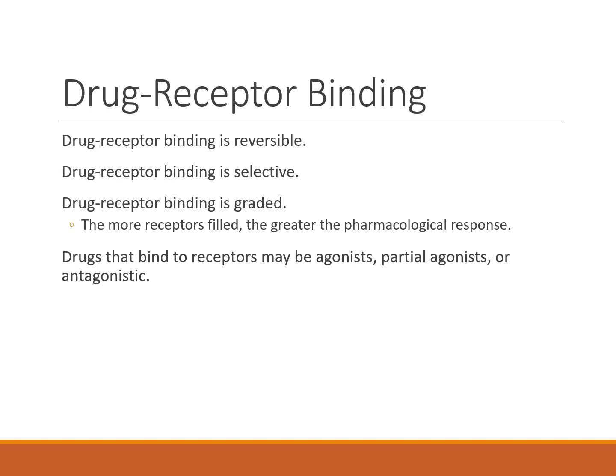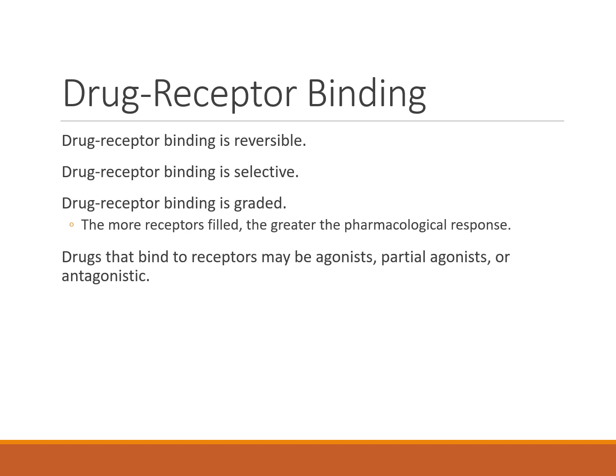Drug receptor binding is reversible, it is selective, and it is graded. So basically the more cars, or the more receptors that are bound with that drug, the greater the pharmacological response. If you take enough of a medication that you fill up every receptor on those cell surfaces, you're going to have a greater response.